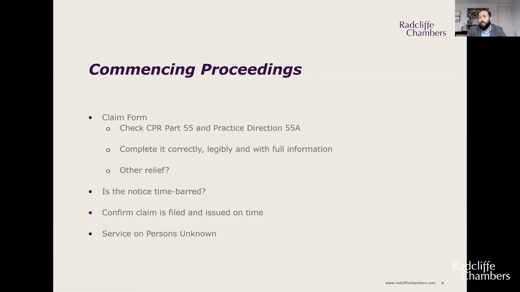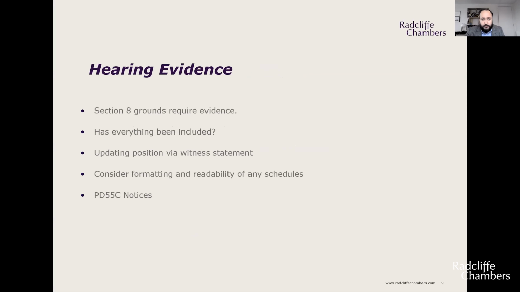So I would advise, if you are going to serve against persons unknown in a repossession case, you will need to familiarize yourself with those provisions and potentially use the services of an experienced process server so that everything is recorded and able to be submitted to court later on.